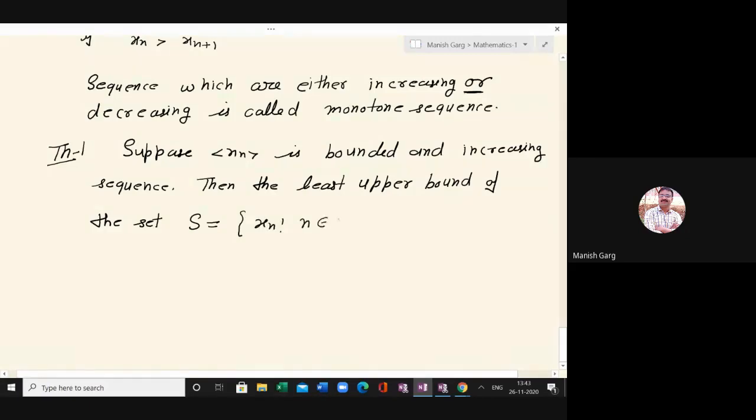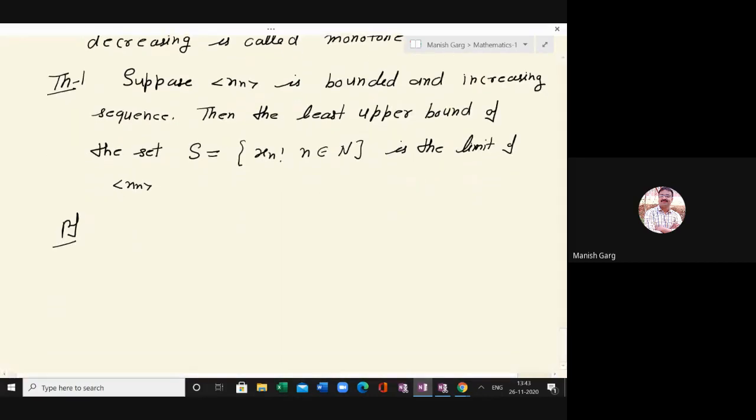Xn, such that n is an element of N, is the limit of Xn. What is the meaning of that? If you have a bounded sequence and you are able to prove that this is increasing, then you can say that the sequence converges, and converges to its least upper bound. If you add this condition, increasing, then the converse is also true.